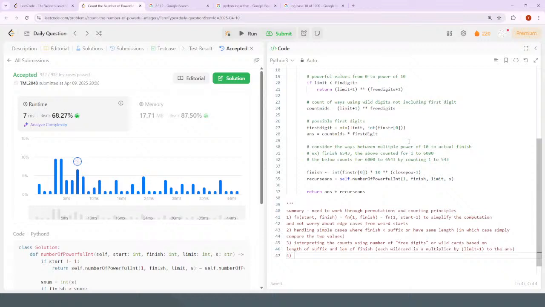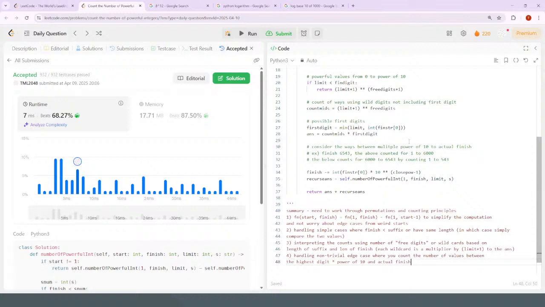And then finally, handling the non-trivial edge case where you count the number of values between the highest digit times power of 10 and the actual finish.